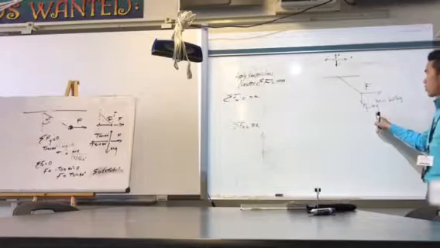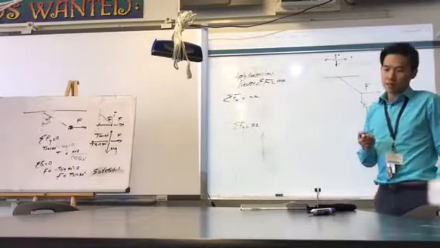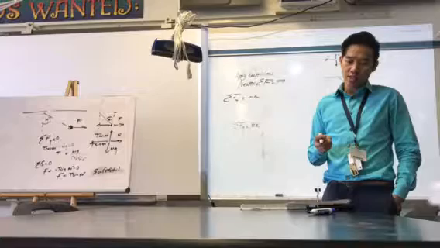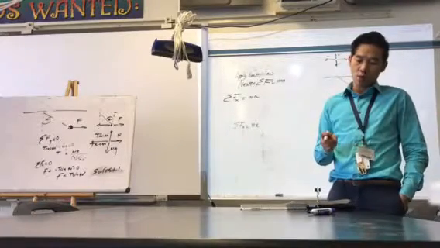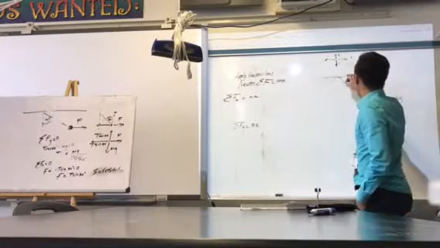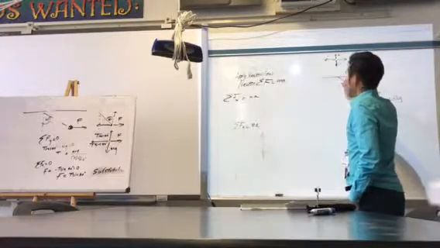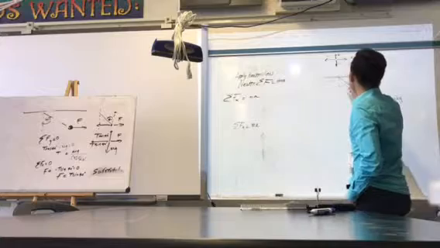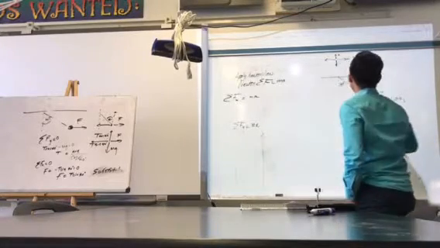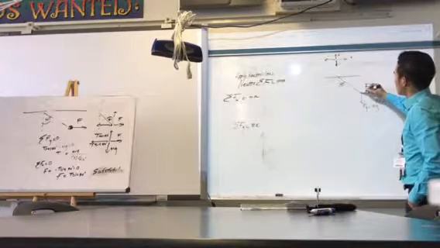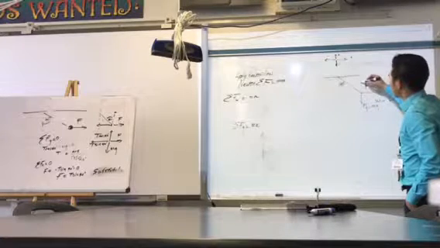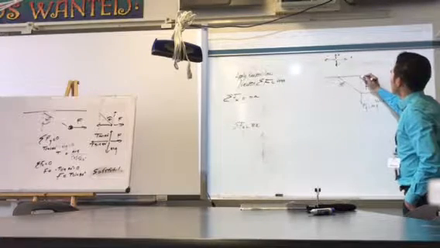This one right here. And also, the string is attached to the ceiling at a certain incline, with a certain angle. They give you this angle right here, which is 40. So I'm going to go ahead and take the angle into consideration.